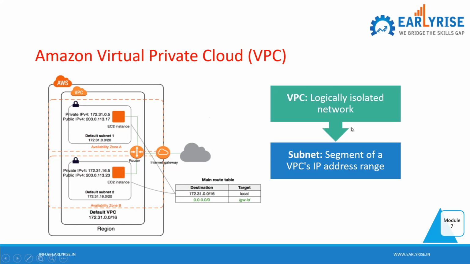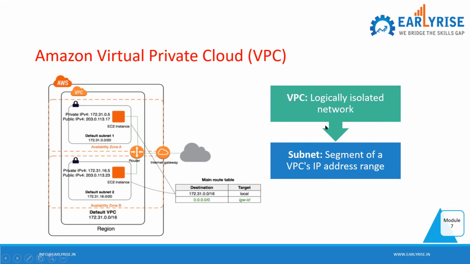Within that VPC, you have something called a subnet, a segment of a VPC's IP address range. This VPC will have a particular range of IP addresses. Now this subnet will be a particular segment, a subnetwork.